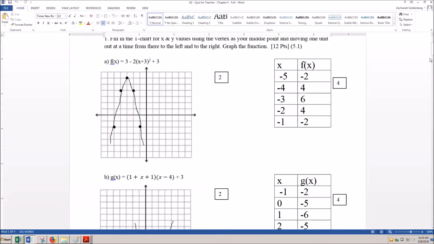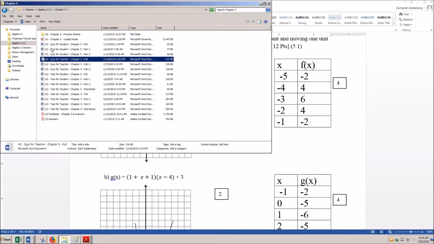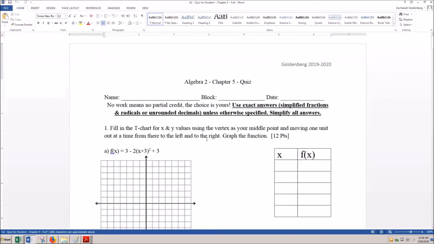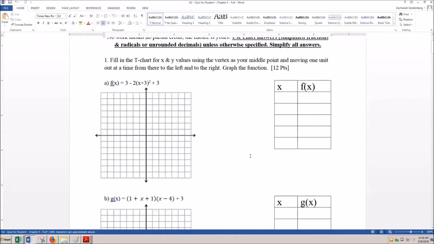I'm actually going to grab the student version because I don't want all the answers on here. 9/11 group quiz, yep. All right, let's start with number 1, A and B.